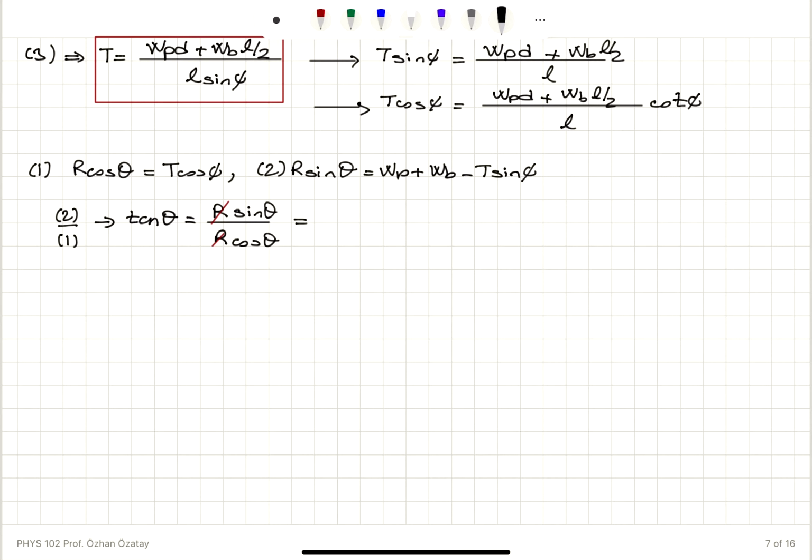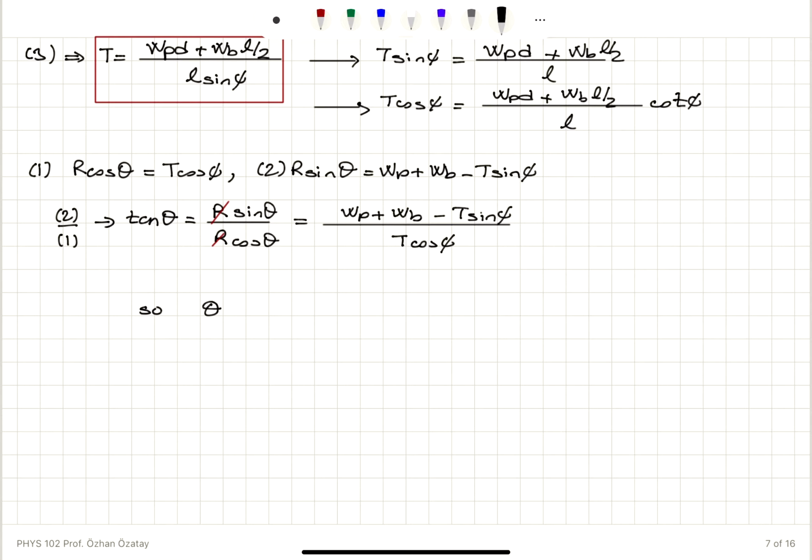This gives me WP plus WB, weight of the person, weight of the beam, minus tension sine phi, the y component, divided by tension cosine phi. So I can substitute for t sine phi and t cosine phi.